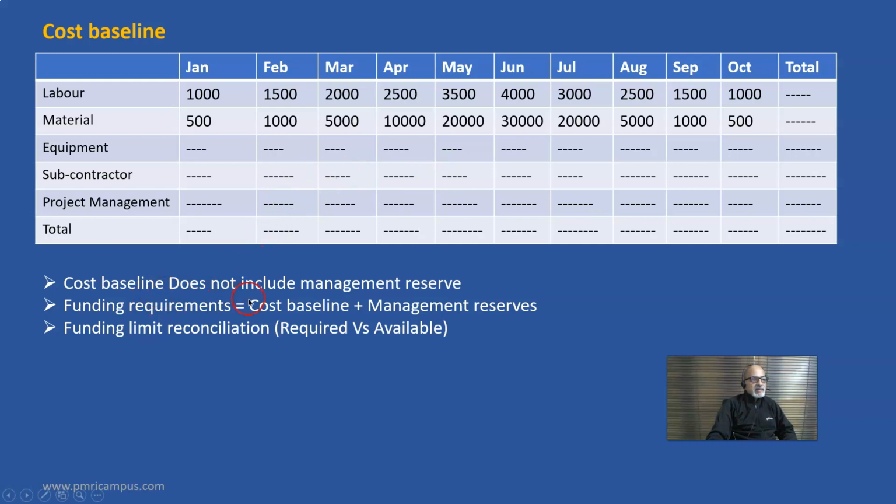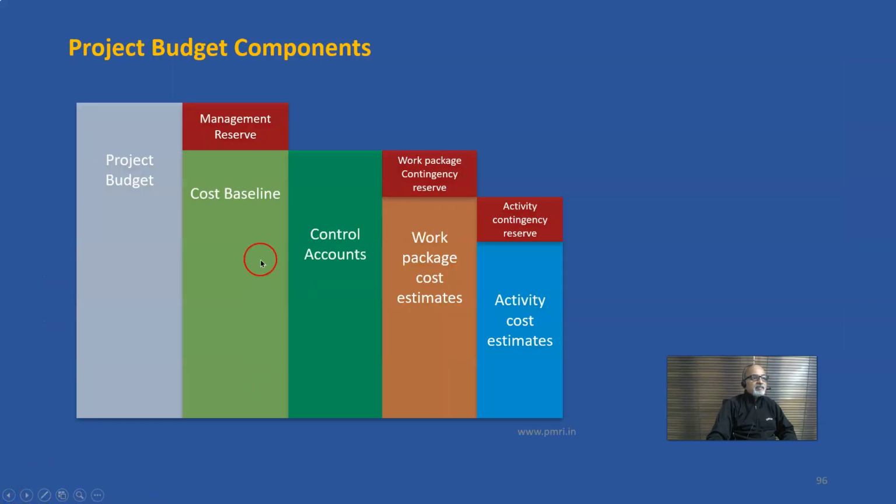The cost baseline does not include management reserve, because on the previous slide, we add management reserve to the cost baseline and arrive at the project budget. But when we do a cost baseline, we don't consider this management reserve. We are using only this part of it, and that cost baseline is spread across a timeline.